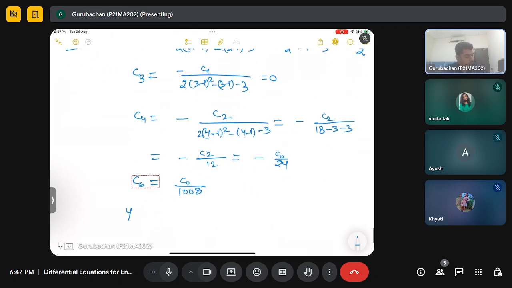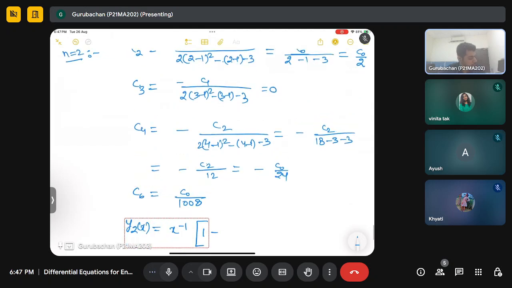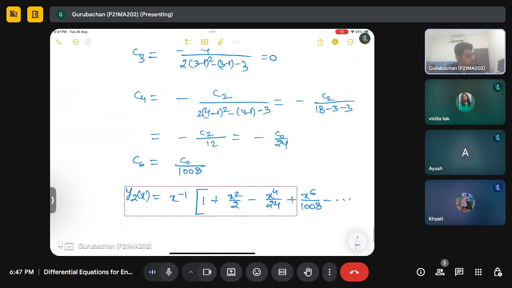So if you write y of x, this will give you x to the power r, that is x to the power minus 1, and I am taking C naught to be 1. So your solution will be 1 plus x square by 2, minus x to the power 4 by 24, plus x to the power 6 by 1008, and so on.